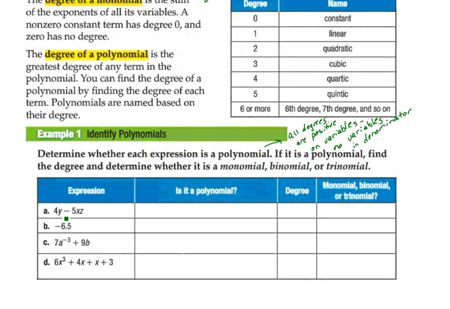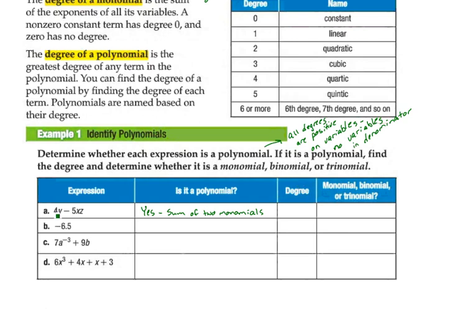We have 4y minus 5xz. Is it a polynomial? Yes. Okay, there are no negative variables, so we are going to say yes, because it's a sum of 2 monomials. Now we have to look at what degree it is.